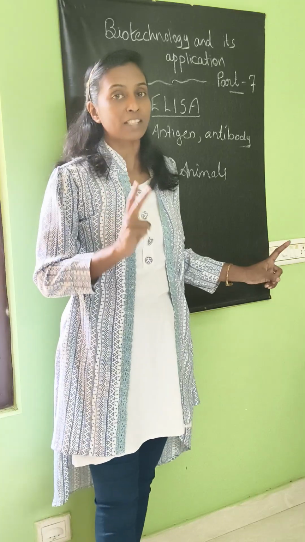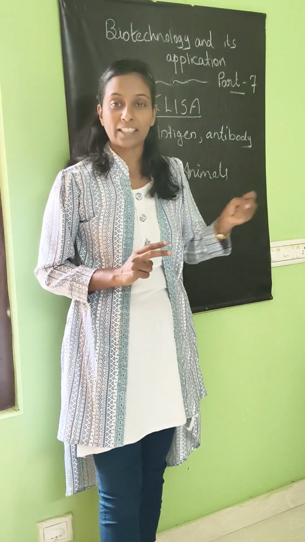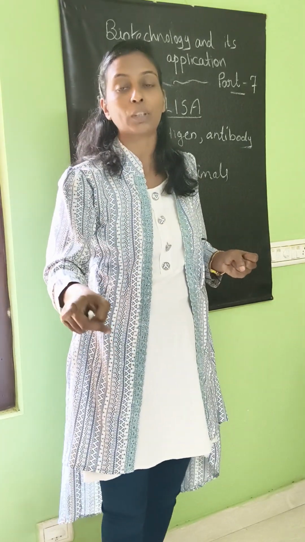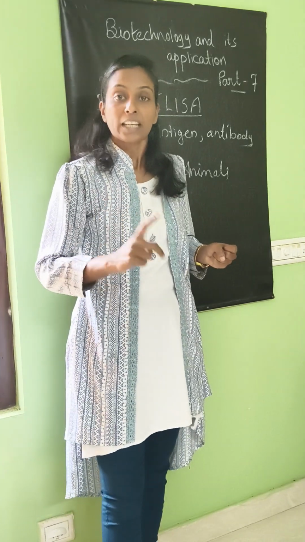We studied in the last chapter biotechnology and its process. There are two principles, genetic engineering and bioprocess engineering. In genetic engineering, we extract a particular gene and insert it into another animal, so that animal can express it and have the phenotypic expression.